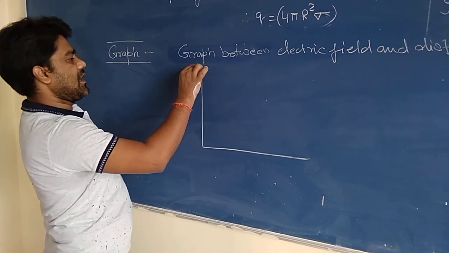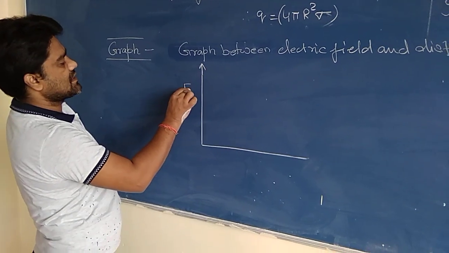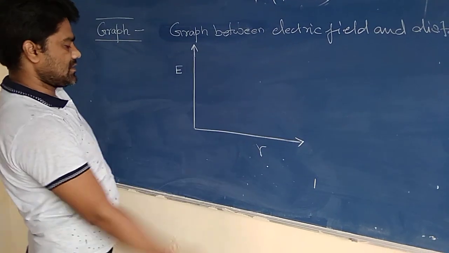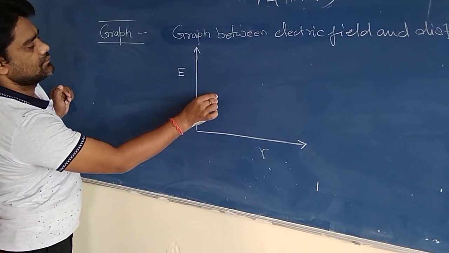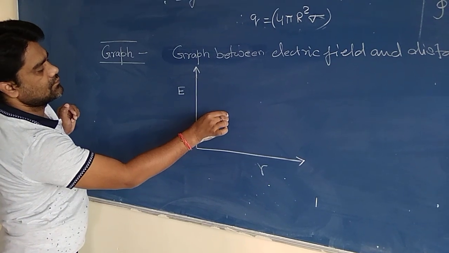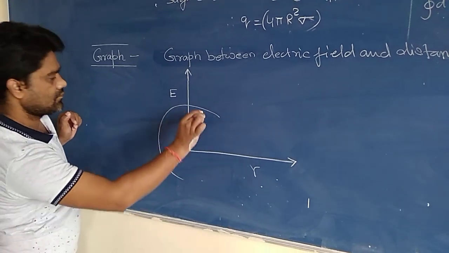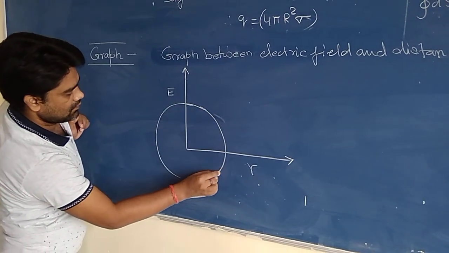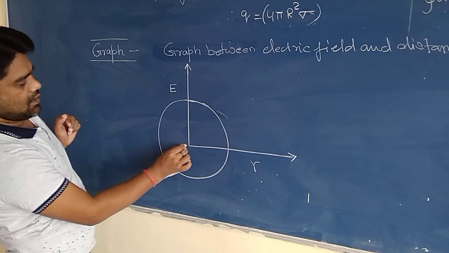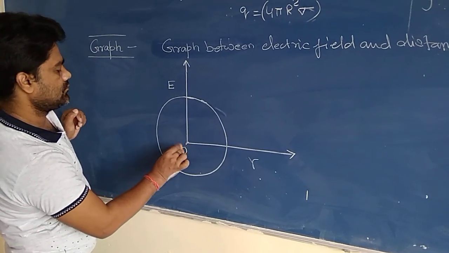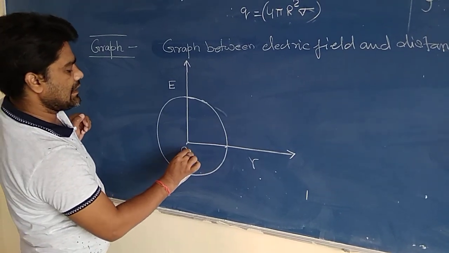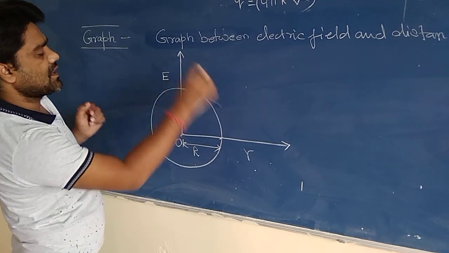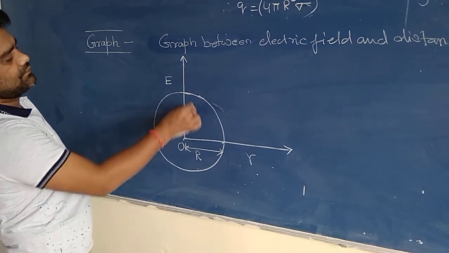We are taking electric field on the y-axis and distance on the x-axis. This is the origin, and this distance is R, which means the radius of the spherical cell.